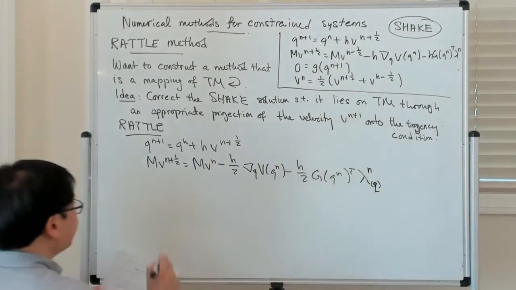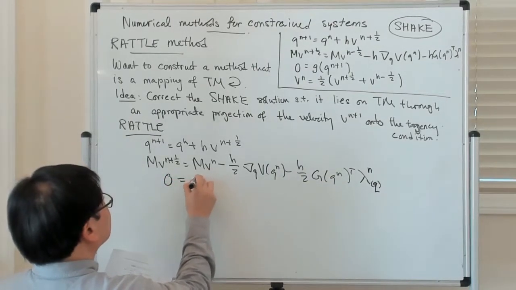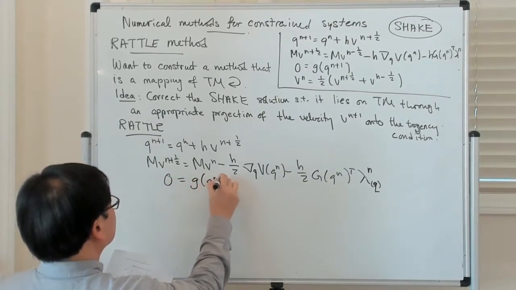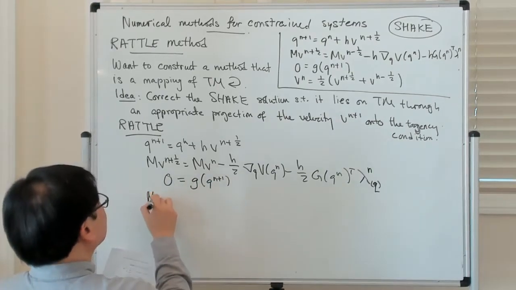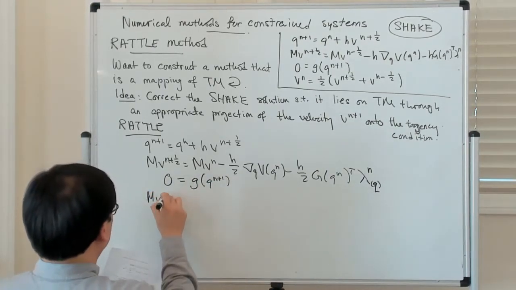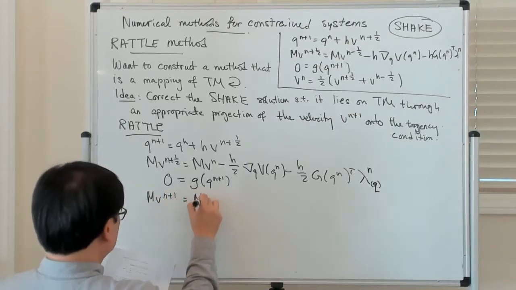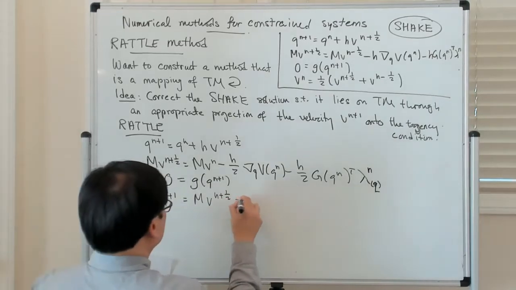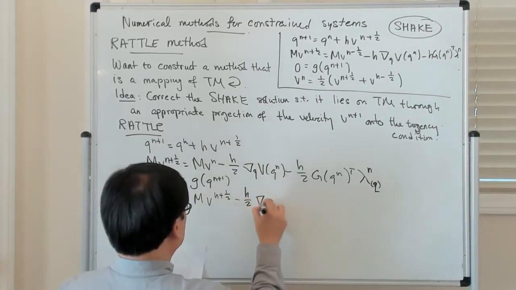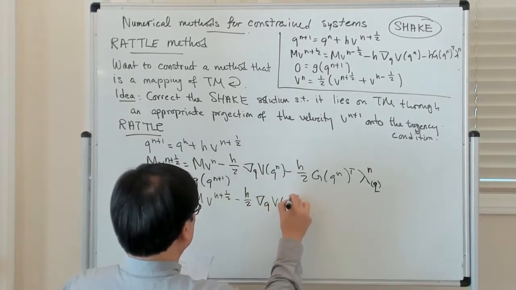Okay, and then you have the condition that g at q_{n+1} is 0, so that's one condition you want. And then m v_{n+1} is equal to m v_{n+1/2} minus h over 2 the gradient.